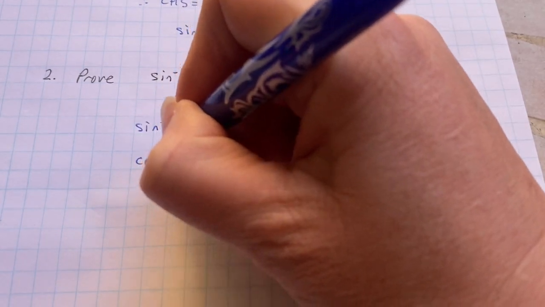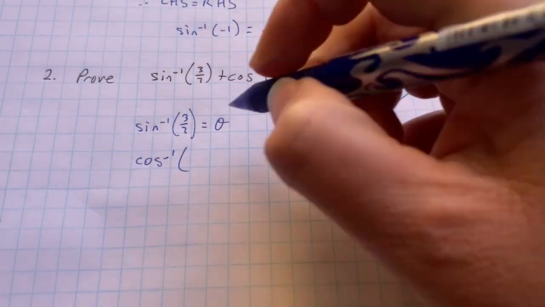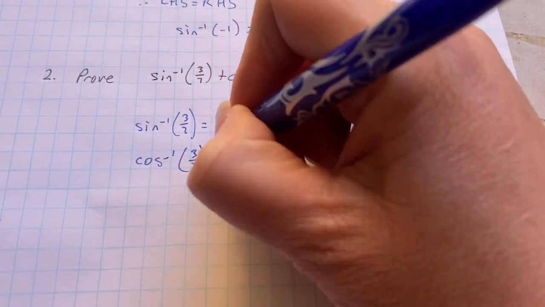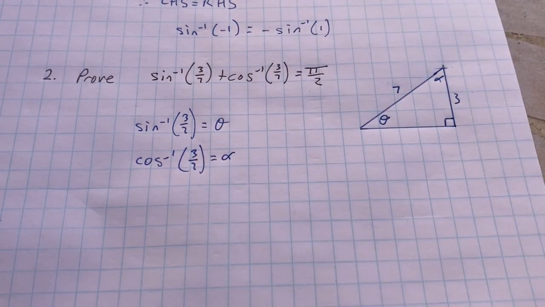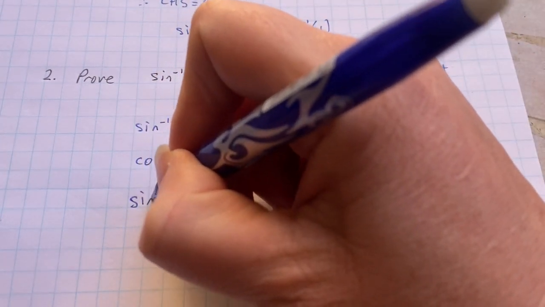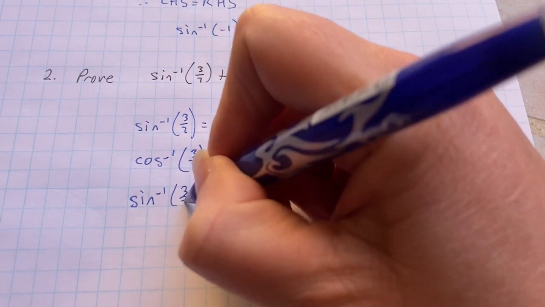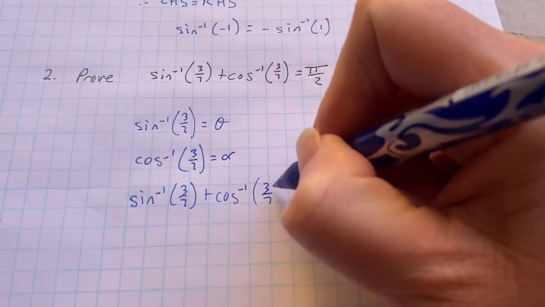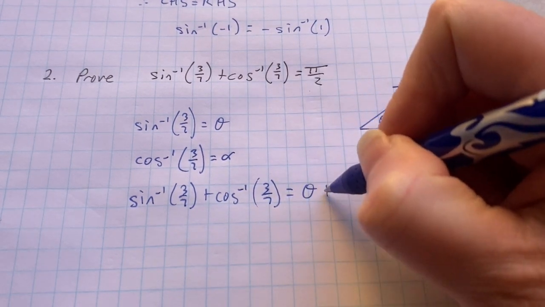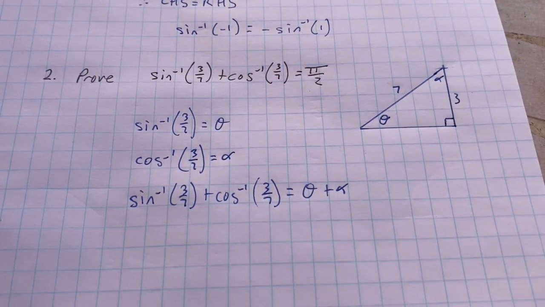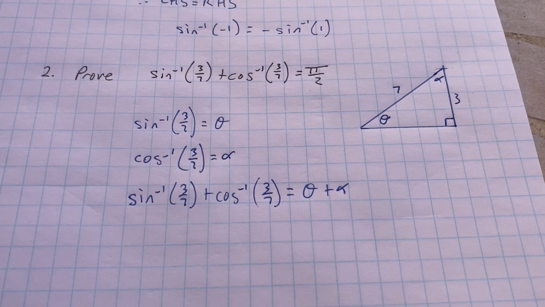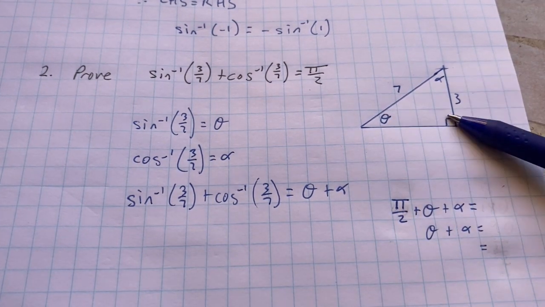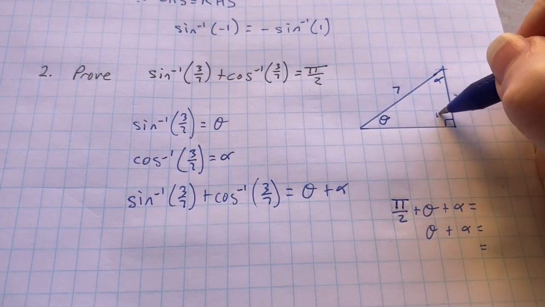And we know that cos inverse from that same triangle, 3 on 7 is equal to alpha. So therefore, if I add those, so sine inverse 3 on 7 plus cos inverse 3 on 7, I get theta plus alpha. Okay, now I'm just using radians here, so this angle here is pi on 2.